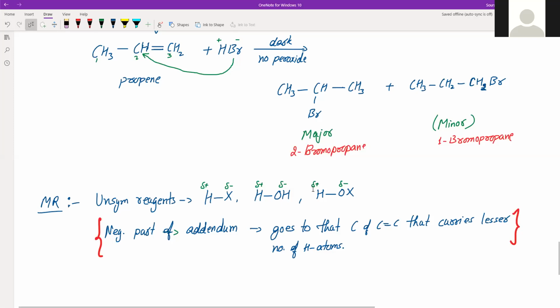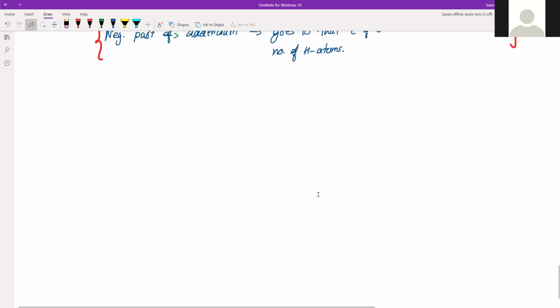The answer is yes, there is an explanation for this. The addition of halogen acids to alkene is an electrophilic addition reaction. So what does that mean? During the addition of HBr to propene, the first step involves the addition of a proton. That is, H plus gets attached first. So this is an electrophilic addition reaction.